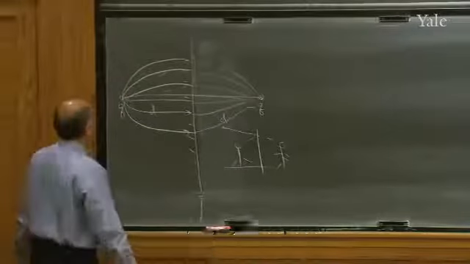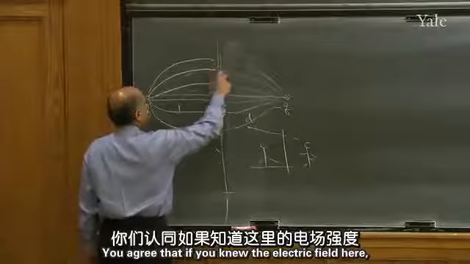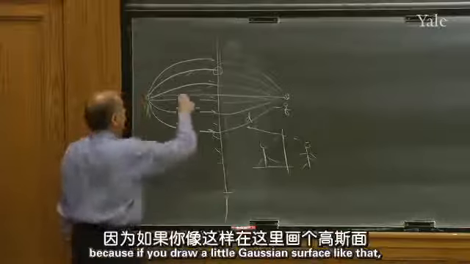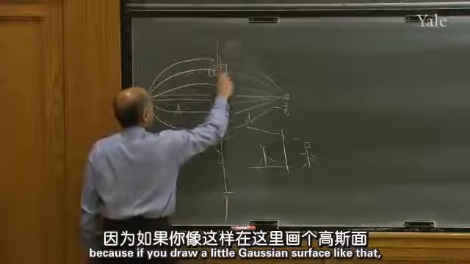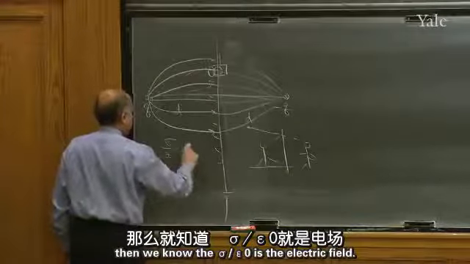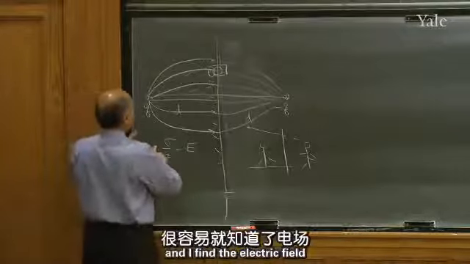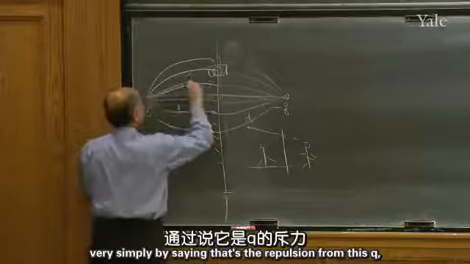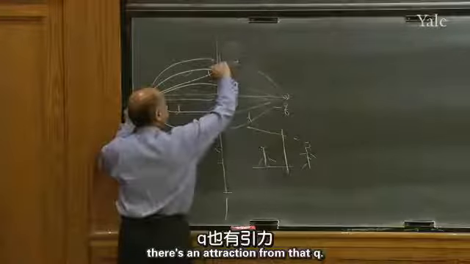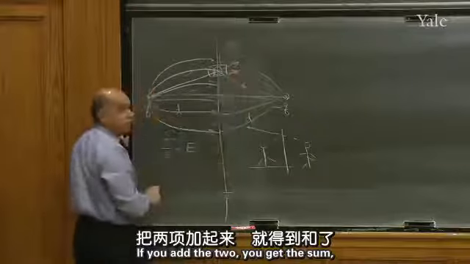Okay, now the question was, where is the charge and how is it distributed? You agree that if you knew the electric field here, you can find the charge density, because if you draw a little Gaussian surface like that, then we know that sigma over epsilon 0 is the electric field. So if you know the electric field, you can find sigma, and I find the electric field very simply by saying that's the repulsion from this Q, that's an attraction from that Q. If you add the two, you get the sum, which I can calculate.